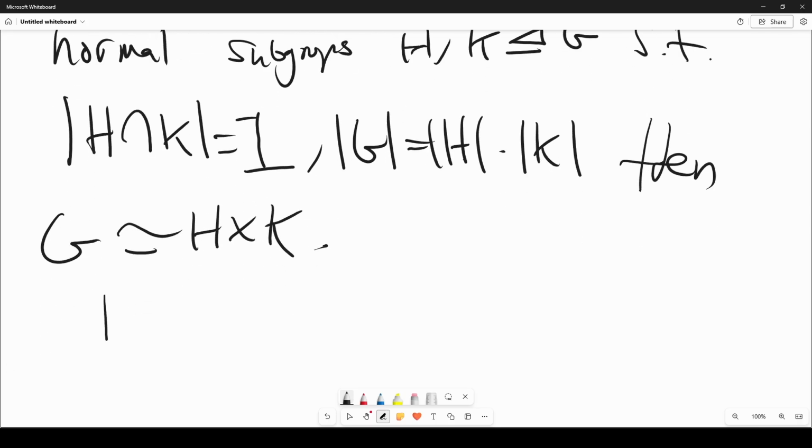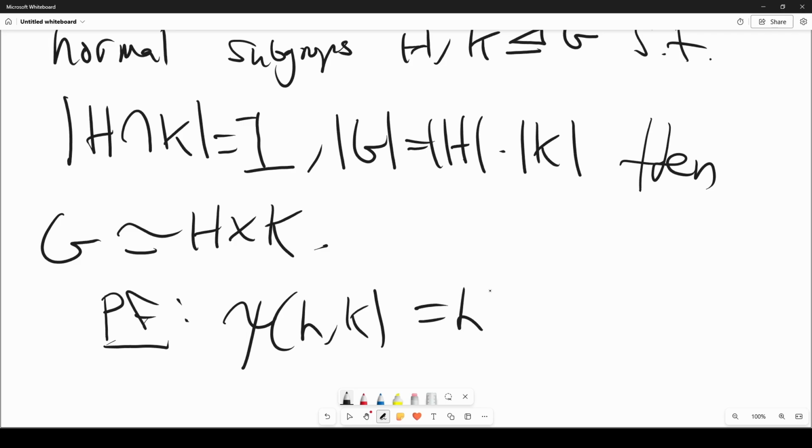And just for a quick proof, you should try this one on your own. It's pretty straightforward what you have to do. You just want to define an isomorphism which sends (h, k) to hk. And you'll see that this will work.